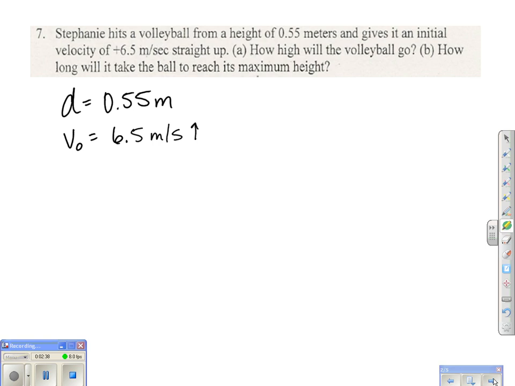Something to realize is that, okay, here's our little Stephanie. As she jumps up and hits the ball, she's already at 0.55 meters. Then she's going to jump up and spike that volleyball.